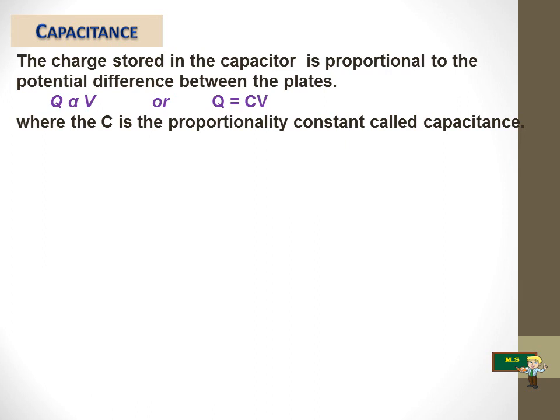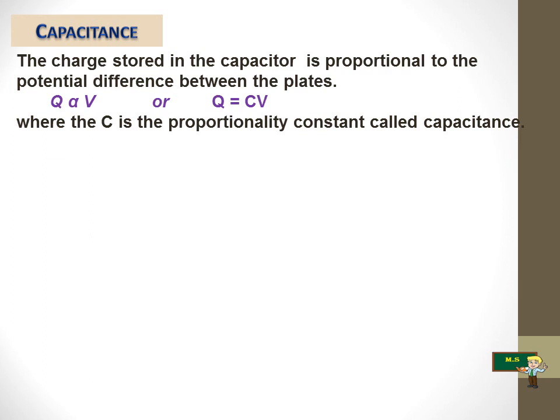The capacitance of a capacitor: the charge stored in the capacitor is proportional to the potential difference between the plates, that means the plus charged plate and the minus charged plate.